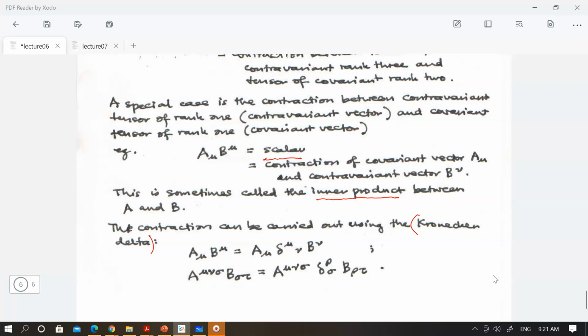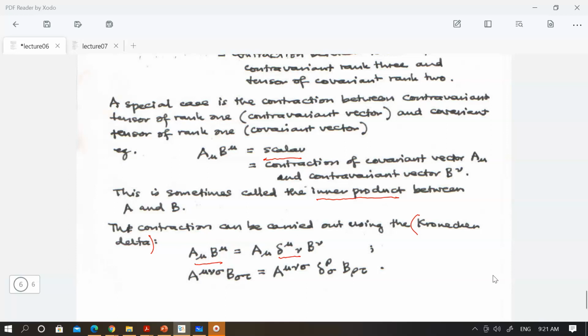What happens here is that when mu and nu are different, this will give you 0, and the only way you can have a non-zero answer is for mu and nu to be the same, and effectively we get back to the idea of contraction between the covariant and contravariant vector.